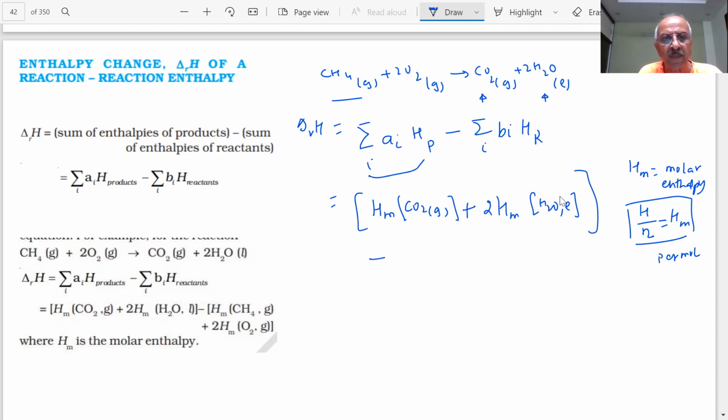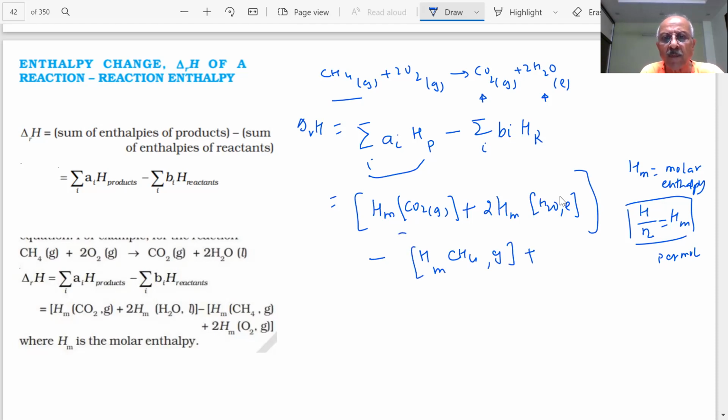Minus enthalpy of the reactants. If the molar enthalpy of CH4 is known to me, what will I write? Minus the molar enthalpy of CH4, since it is a gas, I am specifying the state.